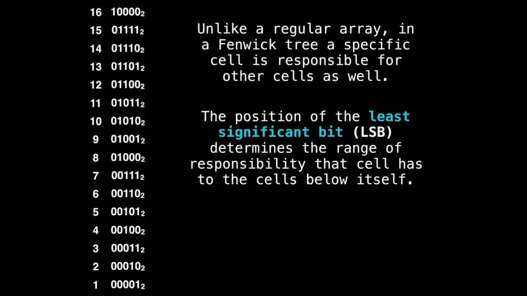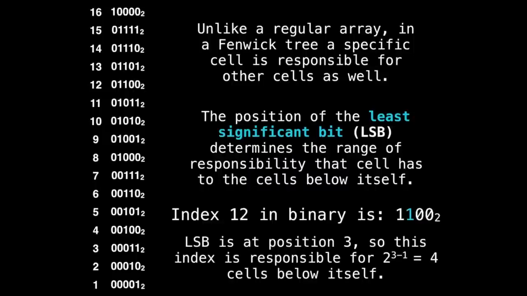So on the left, I have a one-based array. Fenwick trees are one-based. That's very important. And beside that, I also put the binary representation of each of the numbers so you can clearly see what they look like in binary. So if we have, say, the index 12, its binary representation is 1100.